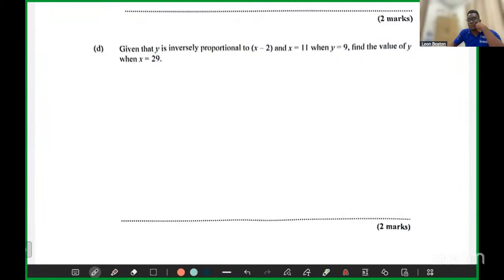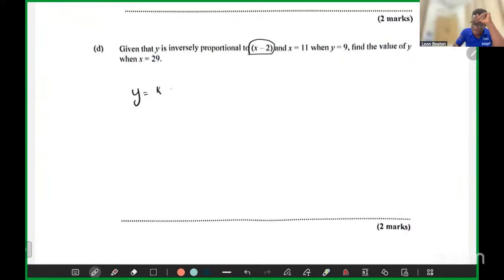Proportion can come two ways. There is direct proportion and there is inverse proportion. Let's talk about inverse proportion since that's the one they gave us. They told us y is inversely proportional to this. To represent this as an equation, y is equal to k, which we call the constant of proportionality.